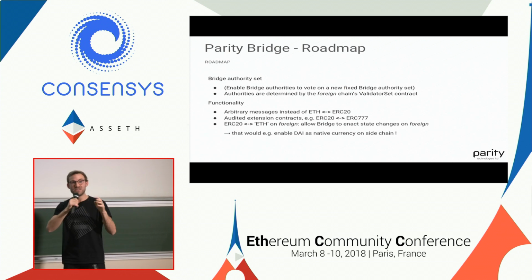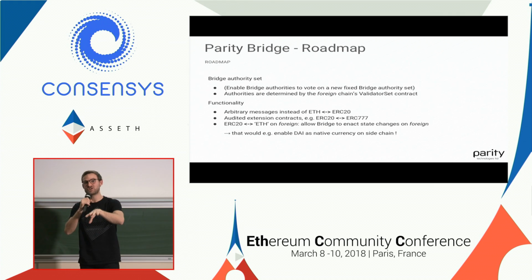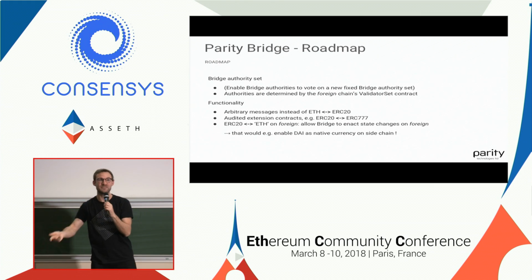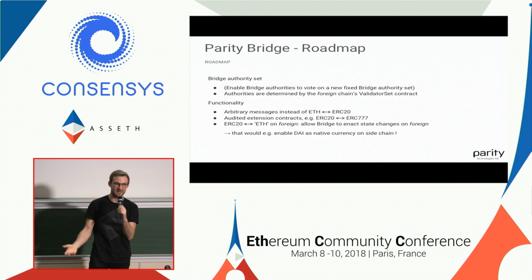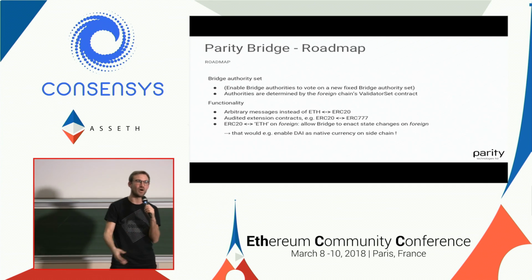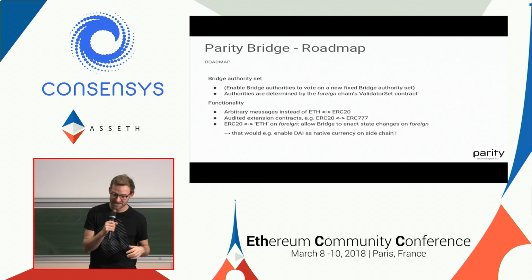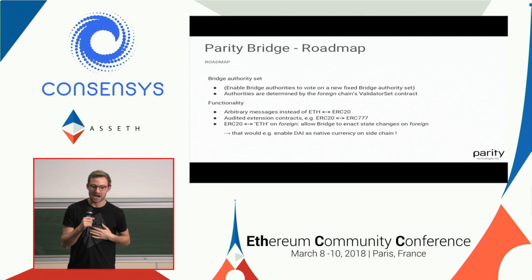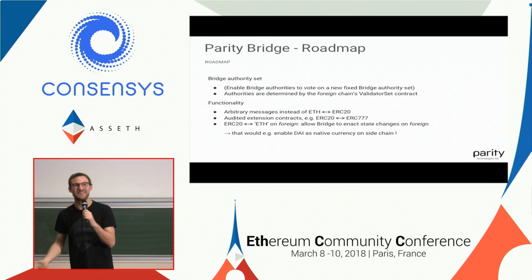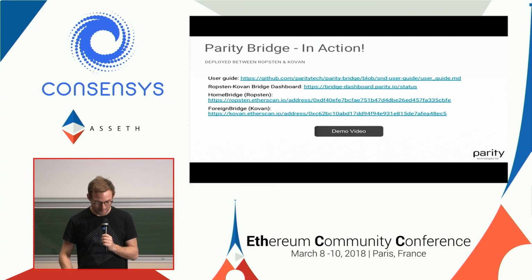So a user who sends DAI on the main network to this bridge contract gets native currency on the other one, so Ether. So you would have a stable coin as Ether on this other chain. I think that's quite cool, and we have an idea how we can get there quite fast by allowing the bridge system to enact state changes on the POA chain.